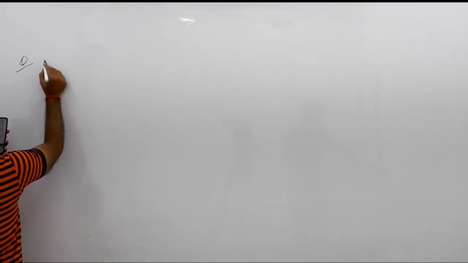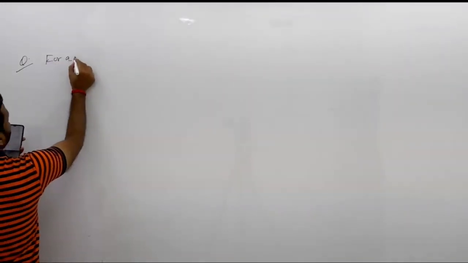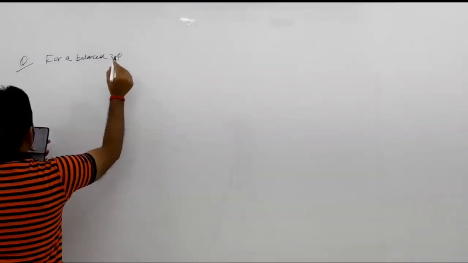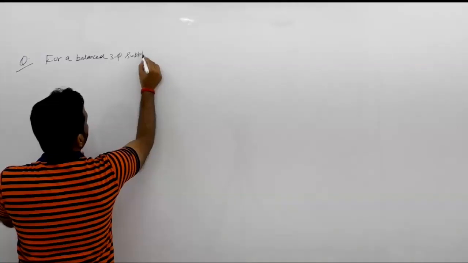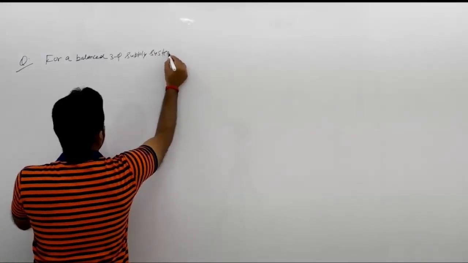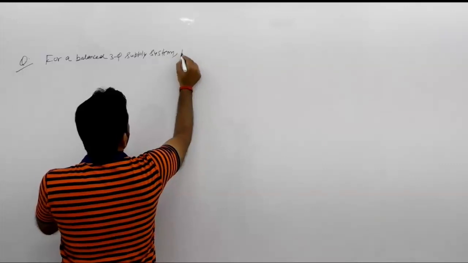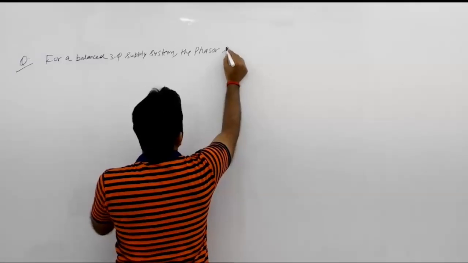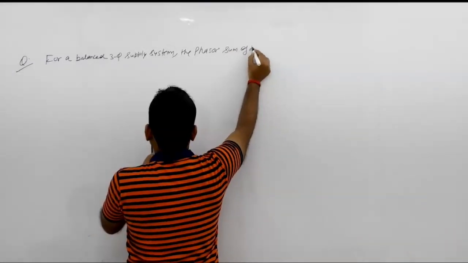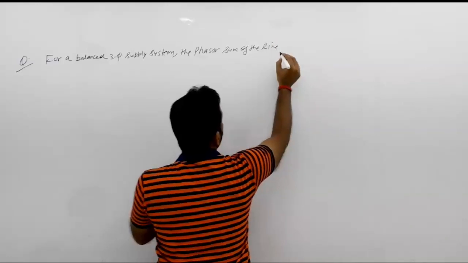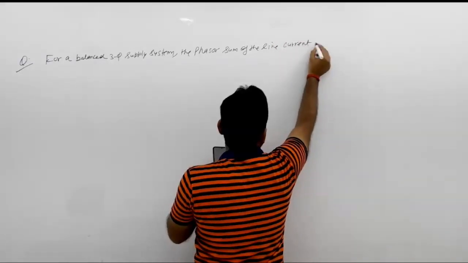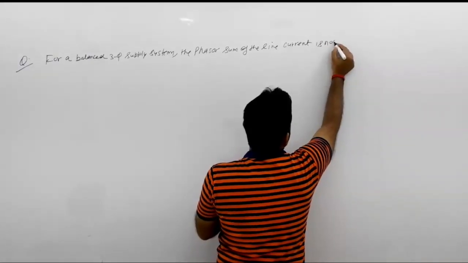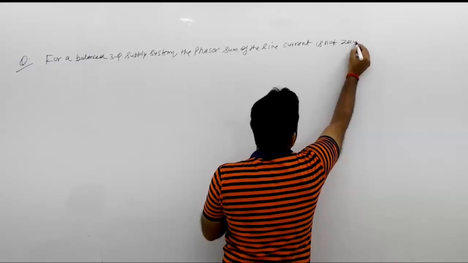Our last question is: for a balanced three phase supply system, the phasor sum of the line current is not zero. It is not zero. Okay up to here.